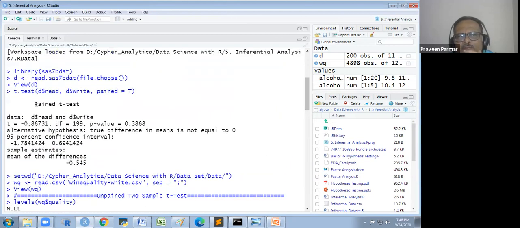In this paired t-test we have taken, there are 200 observations, so each column has 200. We are not taking 400; here we are taking 200 only. So it is n minus 1. Does that make sense to you? 200 minus 1 is 199. It is the paired t-test now. The same pre and post concept is running over there.